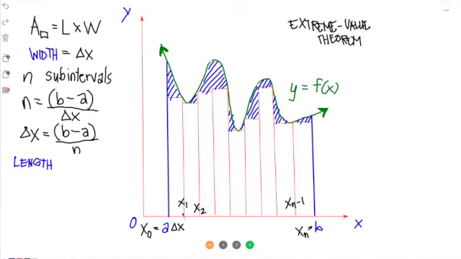Let's take the interval bounded by x sub 0 to x sub 1. From this function y, the minimum value is here. For the next subinterval, this is the minimum value, for the fourth one you have this, and so on.